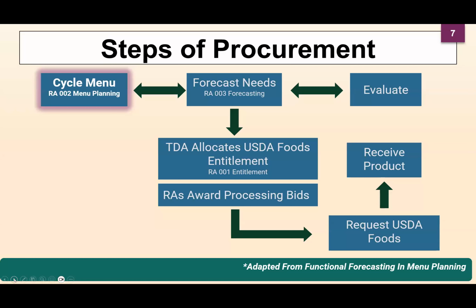Forecasting impacts your development of your menu cycles, so the first step is always looking at our menu cycles, and that's what we're talking about today. Without forecasting, you may end up developing a menu that is not well accepted at your school. Unfortunately, you would probably allocate USDA foods or write into your bids items that might not get used or the students don't enjoy.